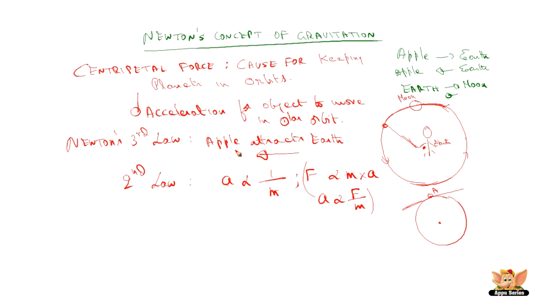When you compare the apple and the earth, the earth's mass is very, very huge compared to the mass of the apple, and the acceleration of the earth is very, very small compared to the acceleration of the apple. Hence, the apple moves towards the earth, but the earth cannot move towards the apple since the movement is extremely negligible. It may move, but it is extremely negligible.